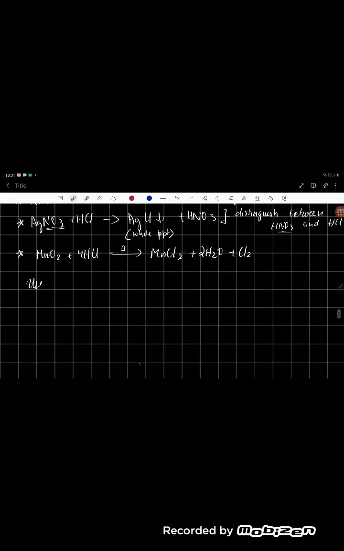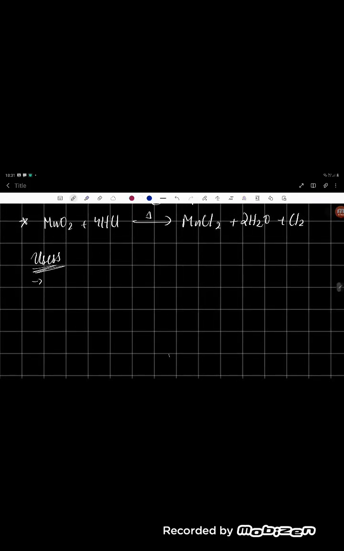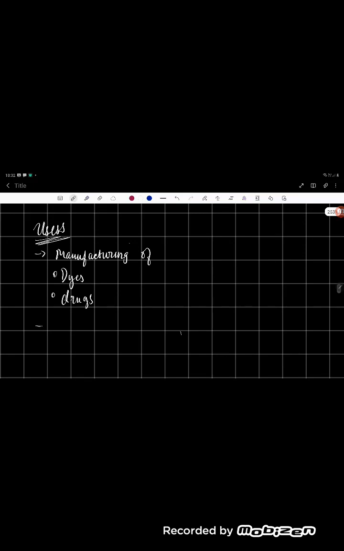Now a few uses of HCl are: it is used for manufacturing of dyes, drugs, and other uses are like pickling of metals, and then preparation of aqua regia.